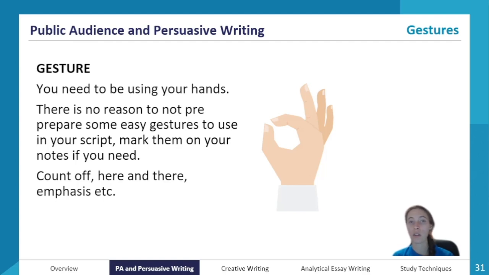So there's lots of different gestures that you can use. If you want to emphasize how big something is, you can be spreading your arms out. How small something is, you can be doing that kind of pinching motion to show something that's really small between your fingers. You can gesture to the audience to try and bring them into it, make them feel involved.